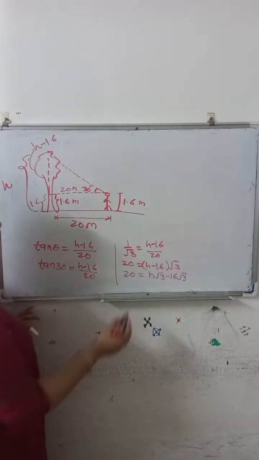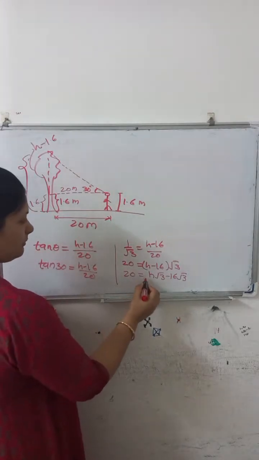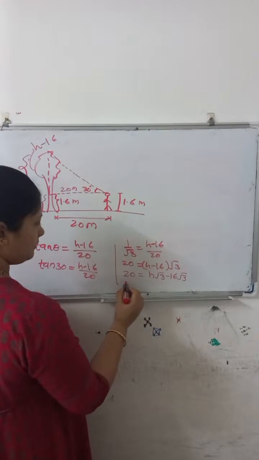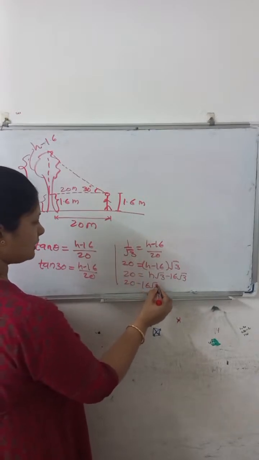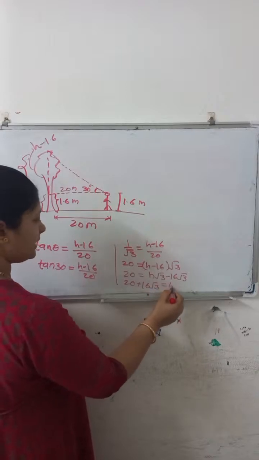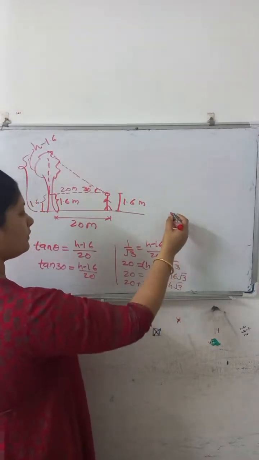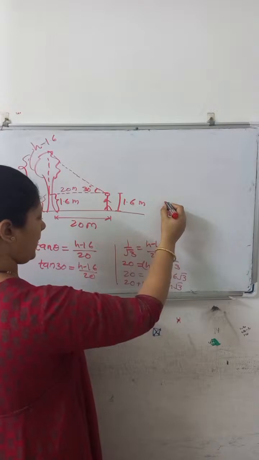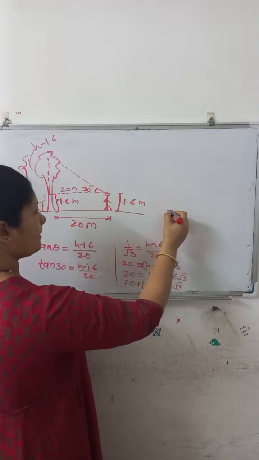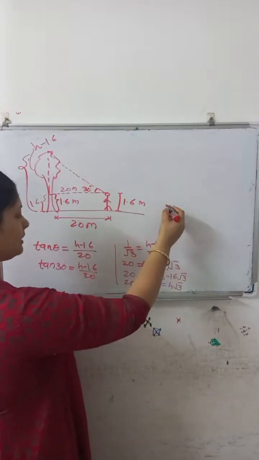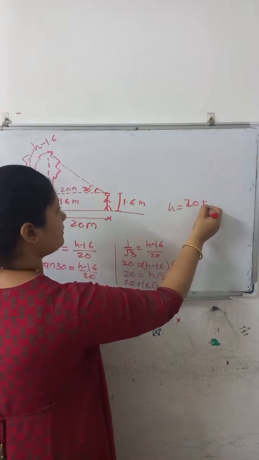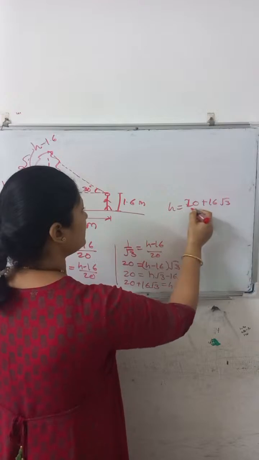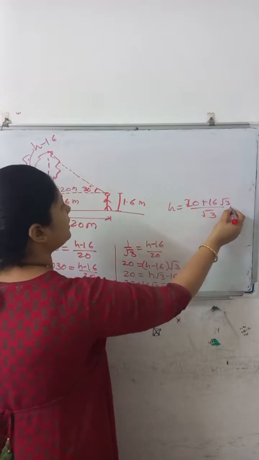Okay. So here 20 and this 1.6 root 3 I will transpose, it will become plus. Root 3 I will transpose to the other side. So h is equal to (20 plus 1.6 root 3) divided by root 3 meter.